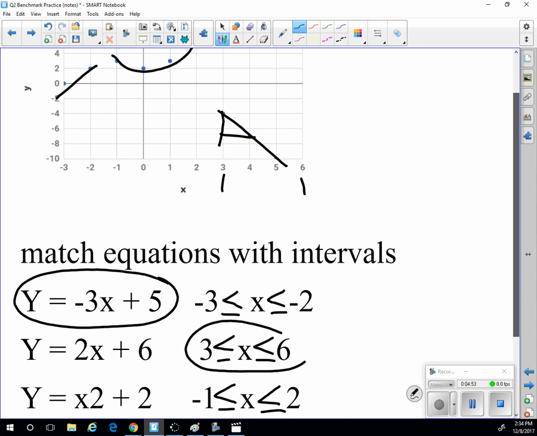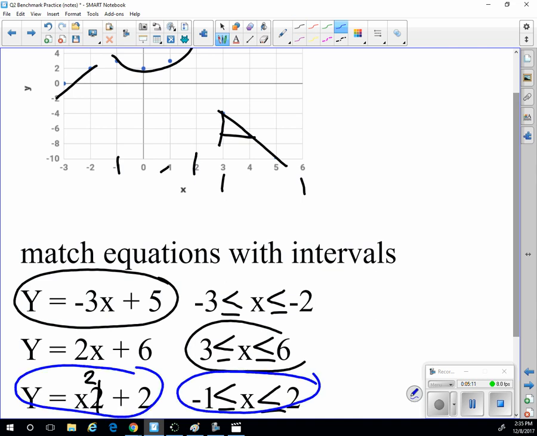Now this equation that has a square in it, this is supposed to be squared, sorry, it goes from negative 1 to 2. So let's change colors real quick here. That one goes from negative 1 to 2. So that equation is in this range. And this other equation has a slope of up 2 over 1.